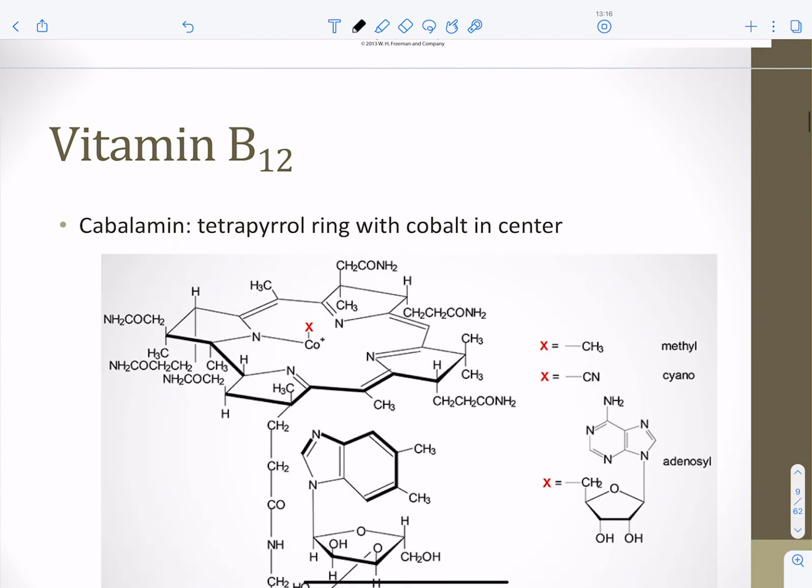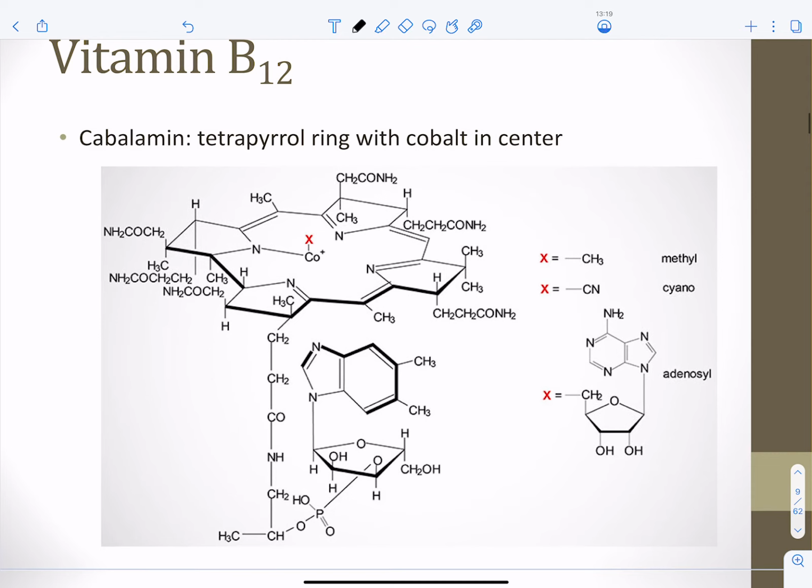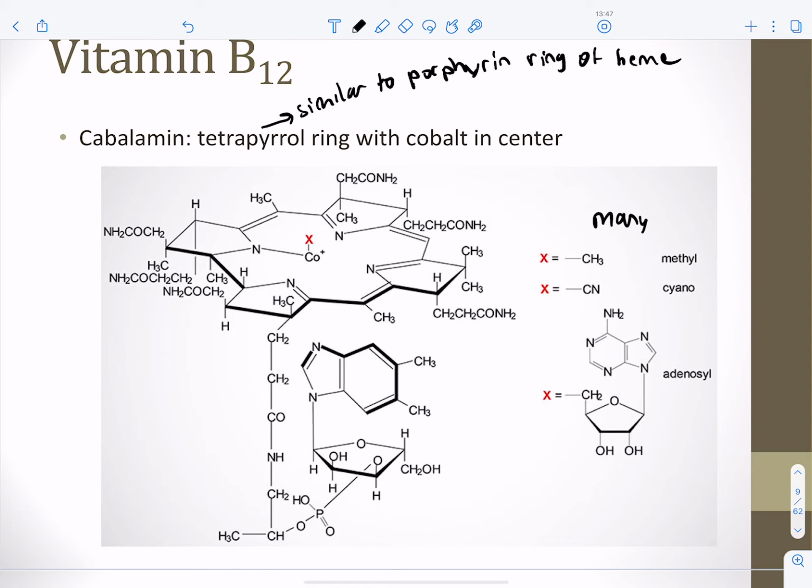All right, so vitamin B12 has a ring. It's called a tetrapyrrole ring, and it's similar to our porphyrin ring of heme. Okay, so in this case, we have a cobalt in the center, and you have many different forms, so that X can be many different groups.